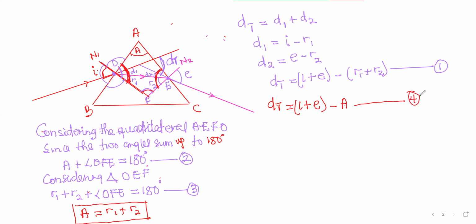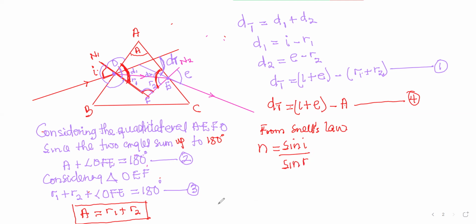We want to determine the refractive index. Of course, from Snell's law, the absolute refractive index is the sine of the angle of incidence to the sine of the angle of refraction.